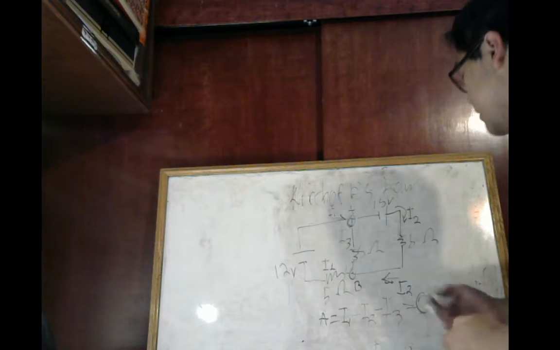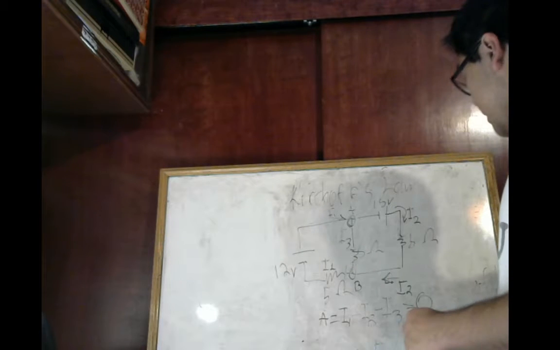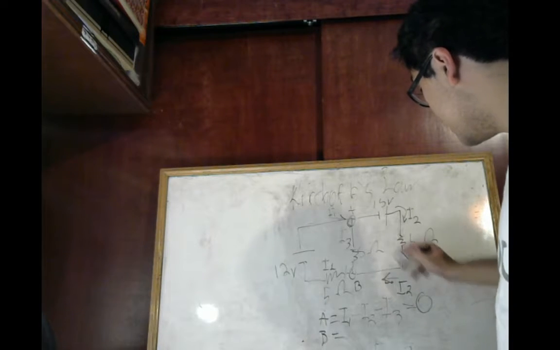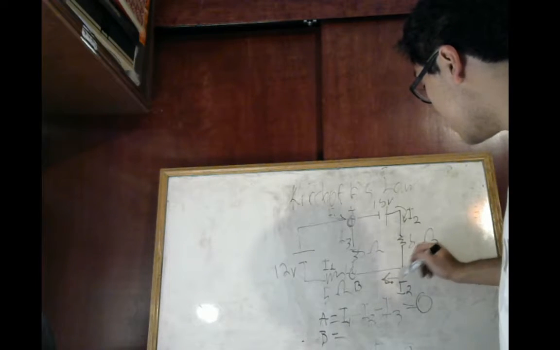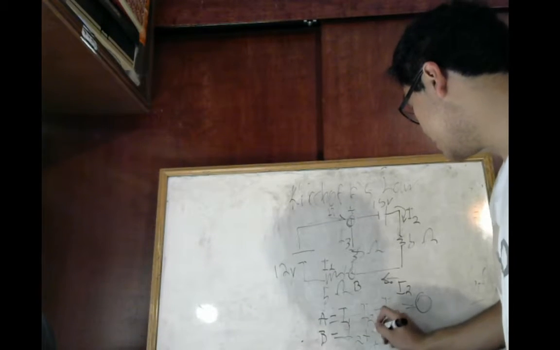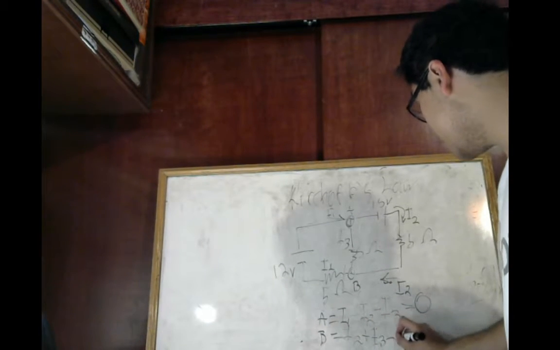Perfect. Now we can do the part of node B. You have that I2 and I3 are coming in, so I2 plus I3 minus I1 is equal to 0.